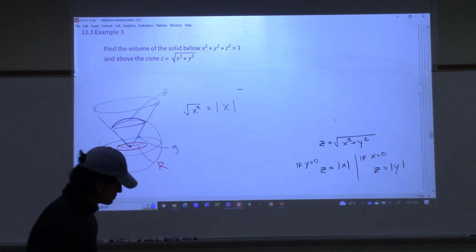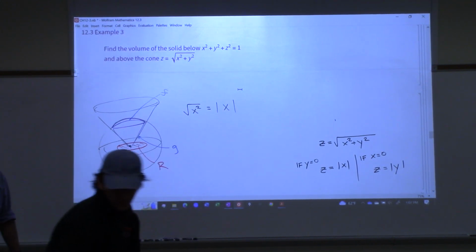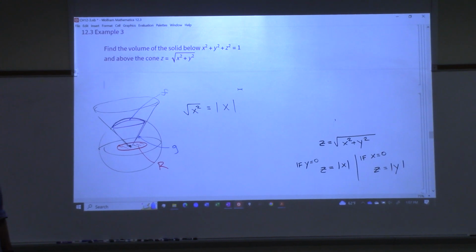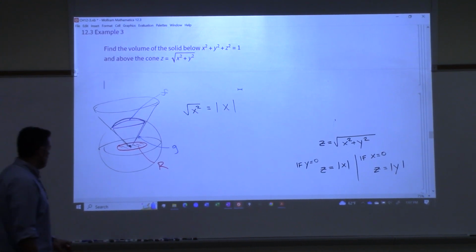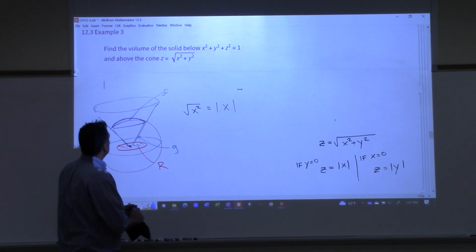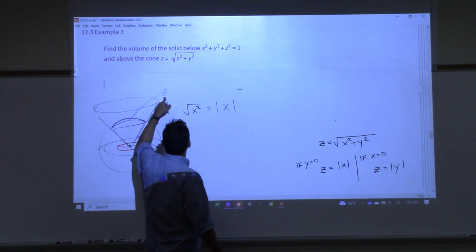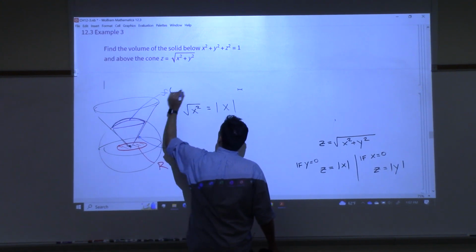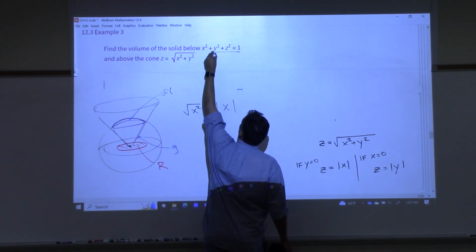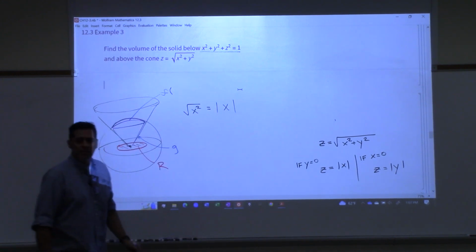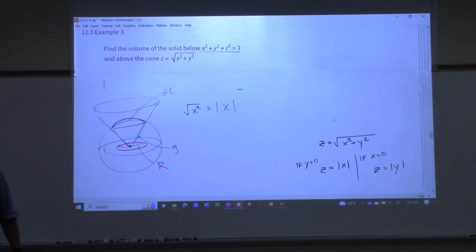So since that R on the bottom is a circle, I'm going to want to convert everything to polar coordinates, right? And also, if I want to look at my surface on top F as a surface, then I'm going to have to take this equation right here and solve it for z, right, to get it to be a function of x and y.